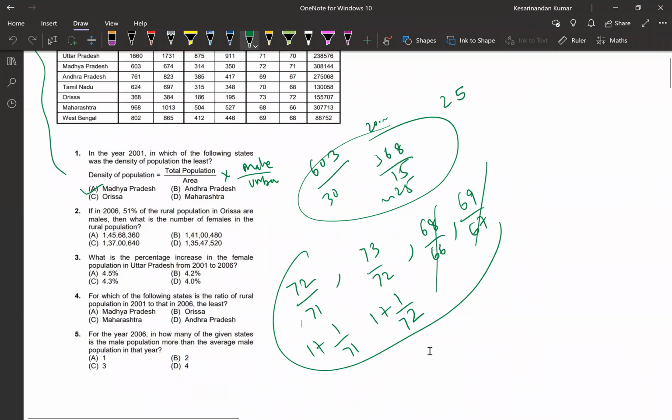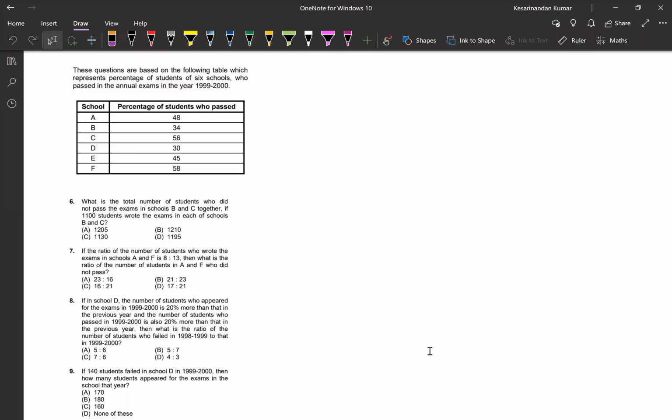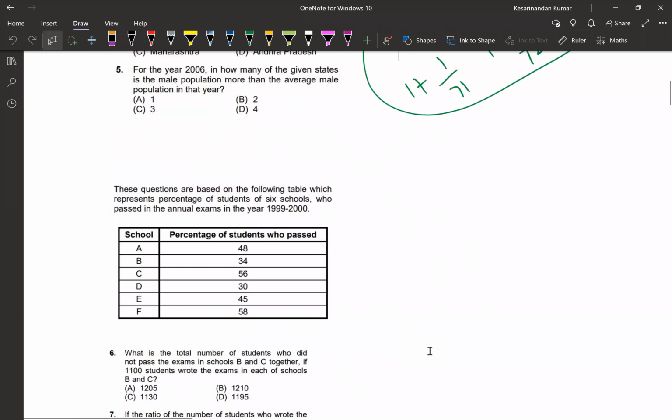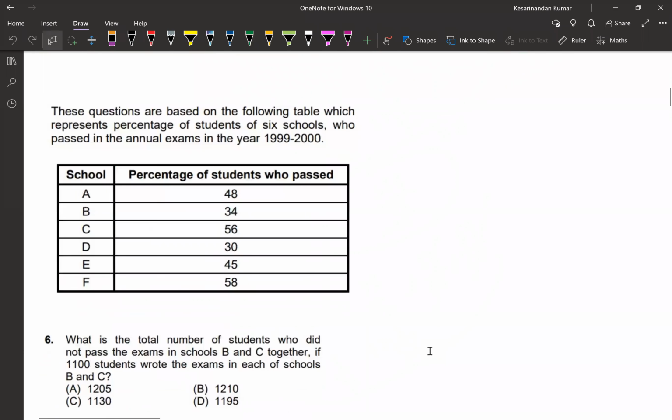Okay. Now this is a conceptual part. It is tricky, so let me explain it to you. It is given the percentage of students in 6 schools who passed in the annual exams in 1999 to 2000. Now the first question asks, what is the total number of students who did not pass the exams in B and C together if 1100 wrote the exams in each of the schools B and C?